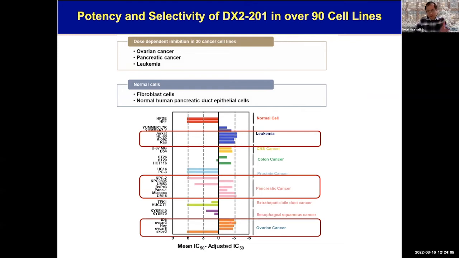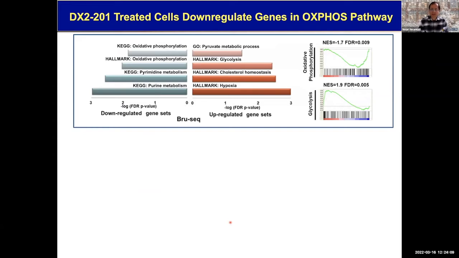So we got very excited with this result, and we tried to see what happened at the RNA level. So we used this bromouridine sequencing. It's essentially RNA-seq looking at the synthesis of nascent RNA.